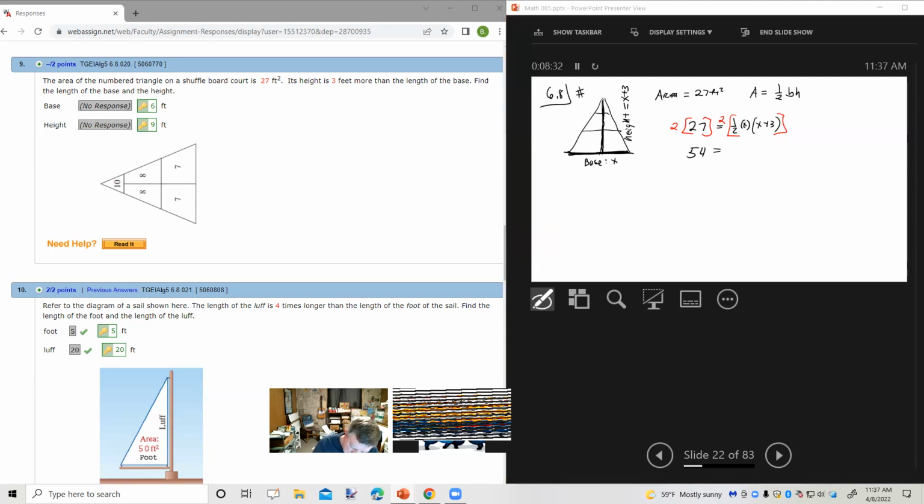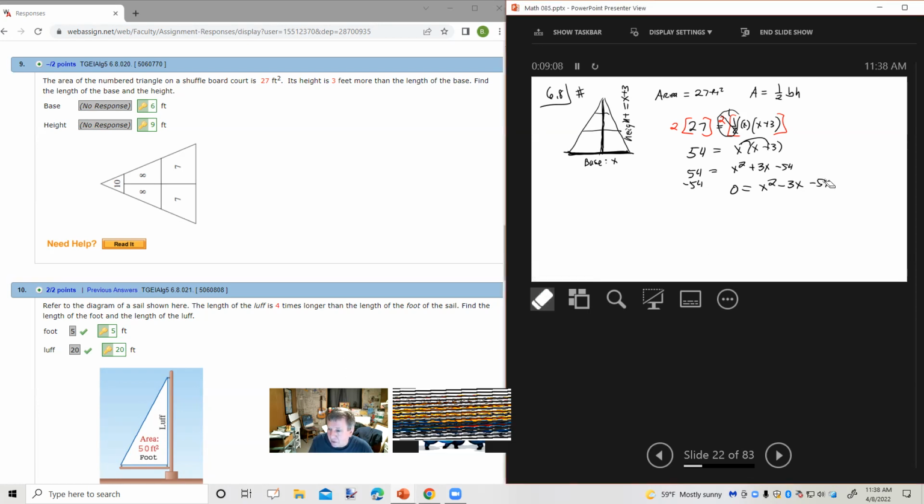On the right side, the 2 times 1/2 reduces down to 1. 1 times x is x, so I'm left with that. I can further simplify by distributing and then subtract 54 from both sides of the equation. And we ultimately end up with that quadratic or second degree equation, except that I wrote that incorrectly. That's supposed to be a 54, not a 5x.